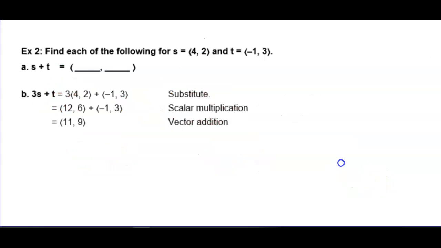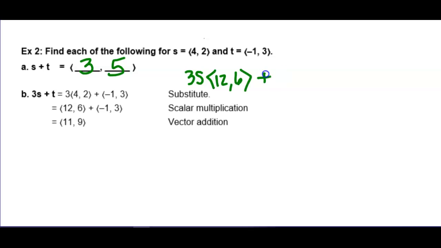All right, so real quick, S plus T, you add 4 and -1 is 3. You add 2 and 3 is 5. If it said take 3 times S and add T, you do this one times 3, which would be 12 and 6.